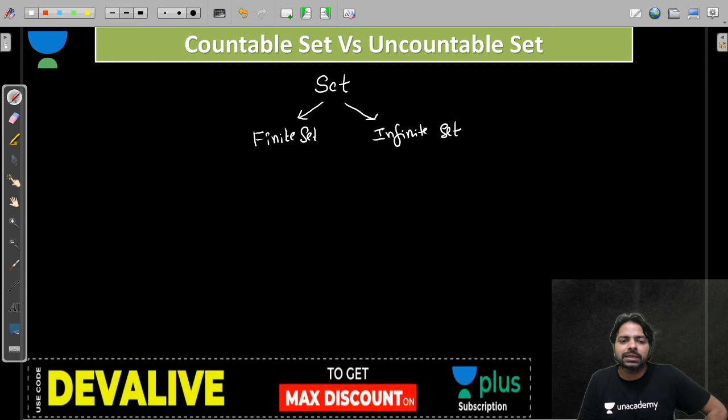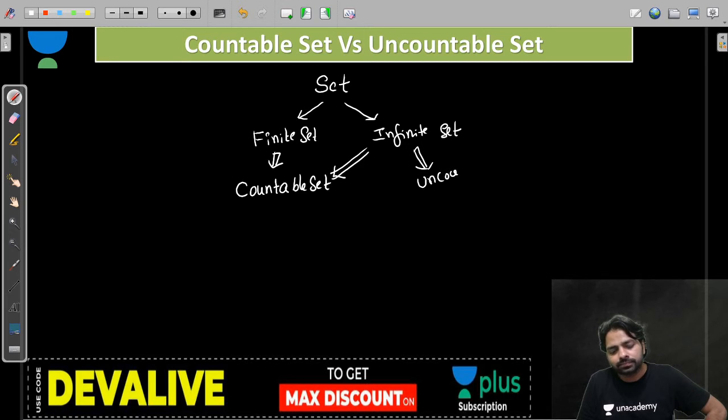Mathematically, every finite set, no doubt, is countable. The problem is infinite sets. In infinite sets, some are countable and some are uncountable.